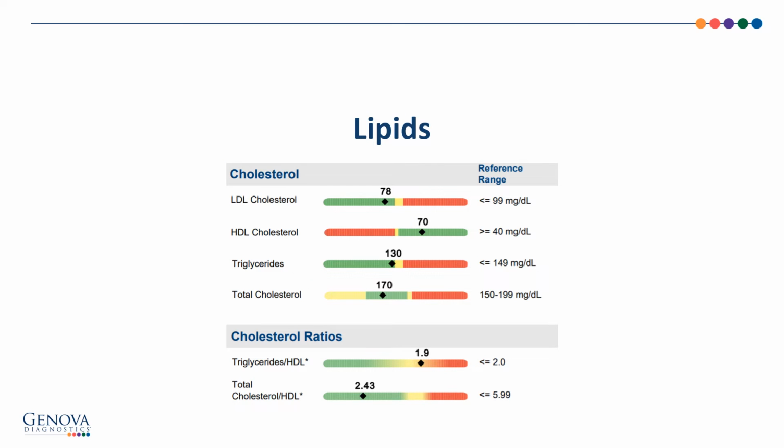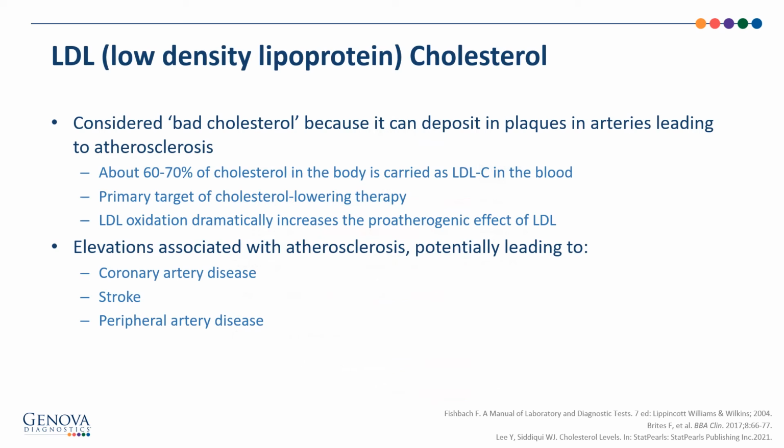So let's look at the components of the CardioCheck profile, starting with lipids, or the standard cholesterol markers, and some fascinating ratios. So LDL cholesterol, or low-density lipoprotein cholesterol, also considered our bad cholesterol because it actually can deposit in plaques and arteries when oxidized, leading to atherosclerosis, as we saw in the prior diagram.